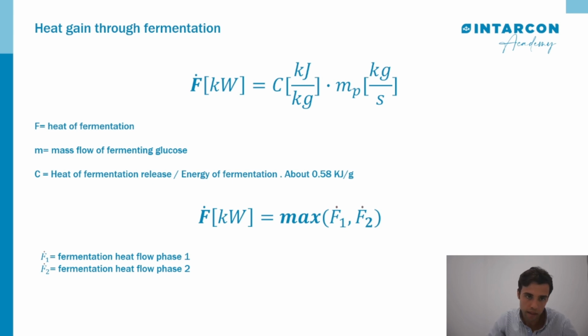In addition, the heat gain through fermentation, in the case we have such a process, could be the product of the mass flow of fermentation sugar and the heat of fermentation that releases that energy. In client 316, in the part of tank calculation, we differentiate two phases that we can calculate.